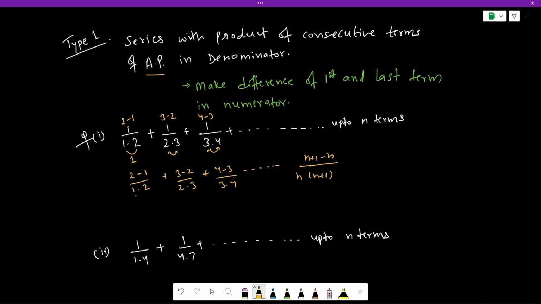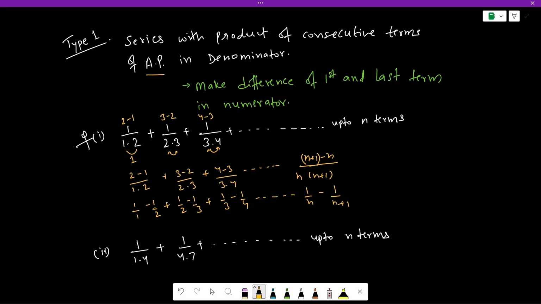Now just separate them, and after separating we will cancel one term, so this will become 1 by 1 minus 1 by 2 plus 1 by 2 minus 1 by 3 plus 1 by 3 minus 1 by 4 and so on till the last term, which will be 1 by n minus 1 by n plus 1.